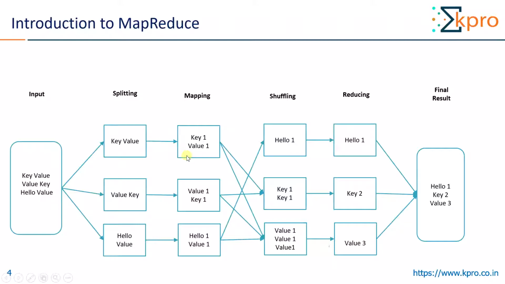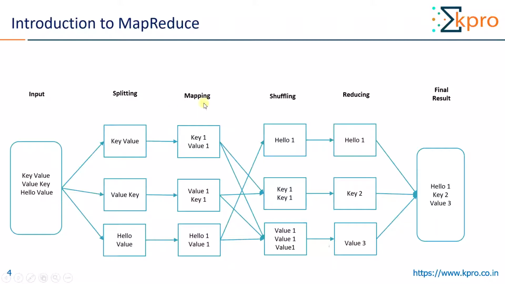Map will assign value 1 to each word, and then shuffling and sorting activity takes place. And then reducer task will start, which will count each word, and final result will be provided.